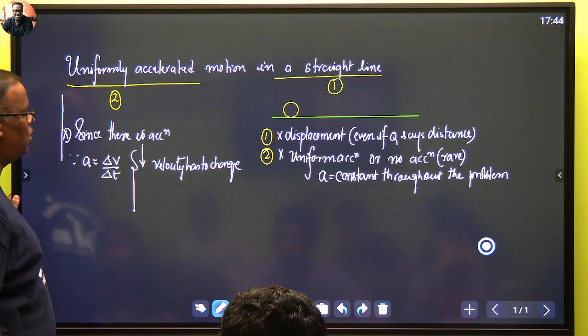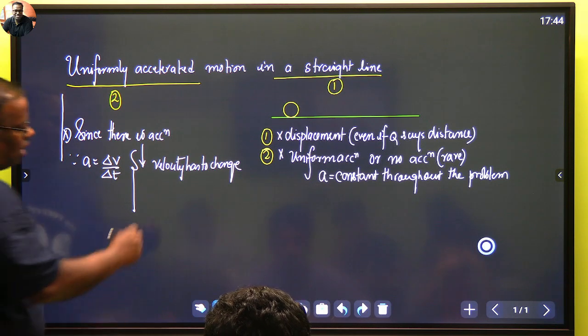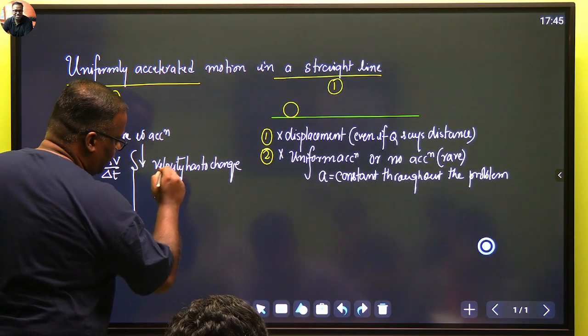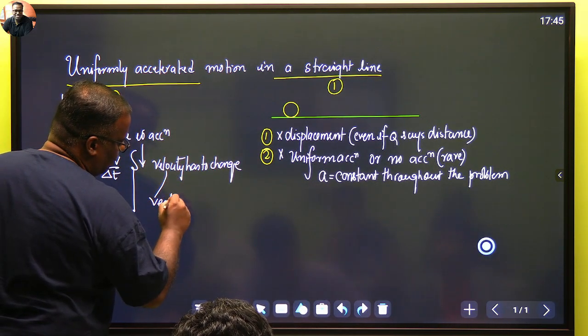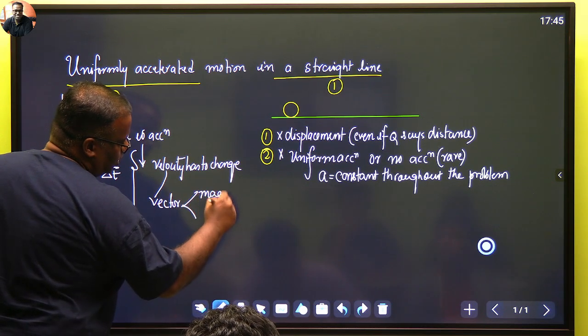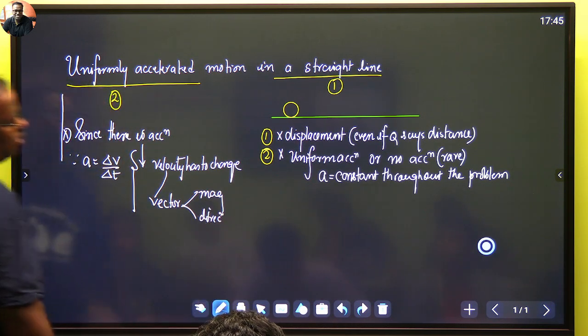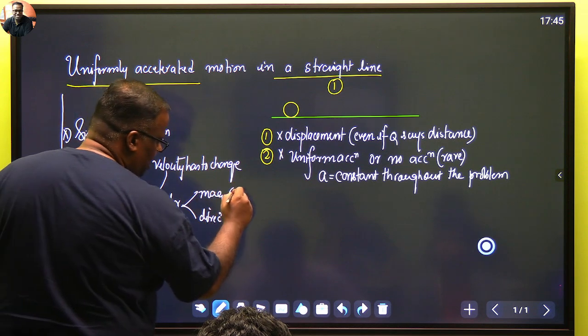Delta v is change in velocity and delta t is change in time. Velocity has to change. Now in our question we will say that velocity being a vector will have two different parameters: one is magnitude and one is direction.